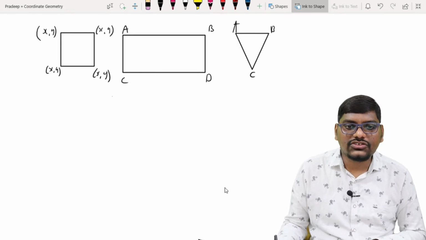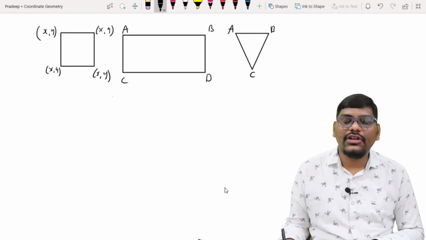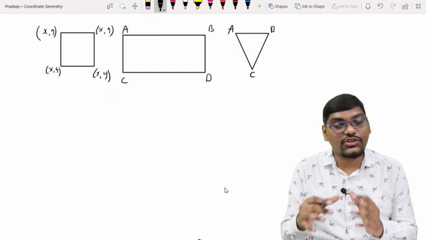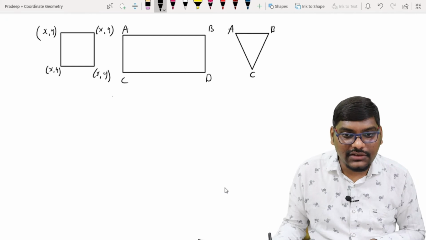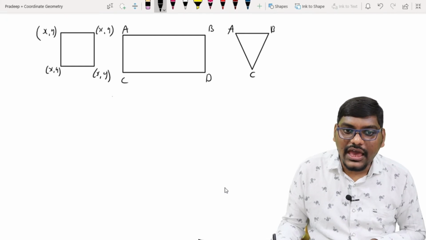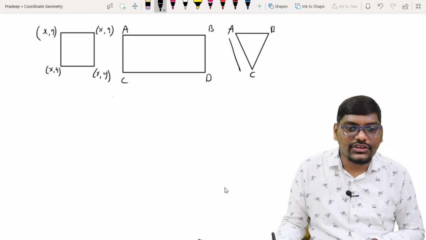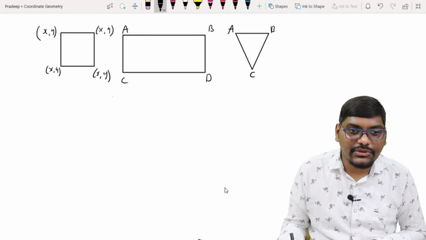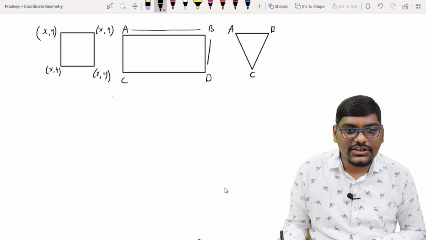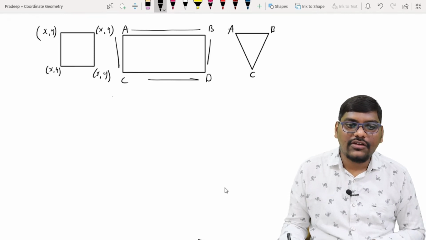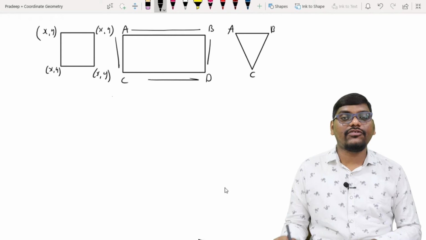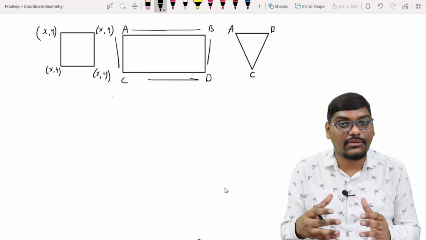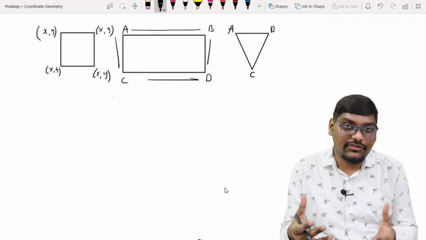In such a case, all these coordinates which we are taking will have the distance from one point to another. Suppose this triangle will have the distance from B to C and from A to B or A to C. So we have to find out the distance. Either it can be a rectangle, so we'll find out the distance between all these points, where that distance will be found using the distance between 2 points formula which we have just solved in the previous problems.